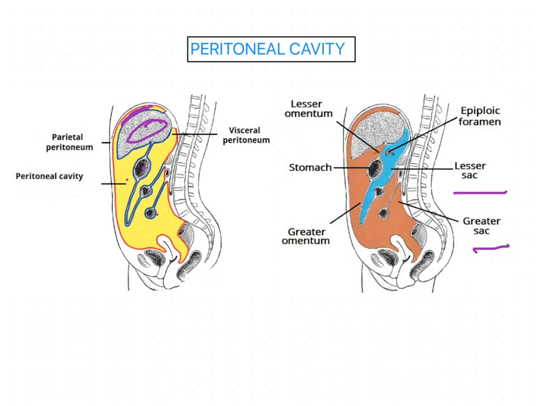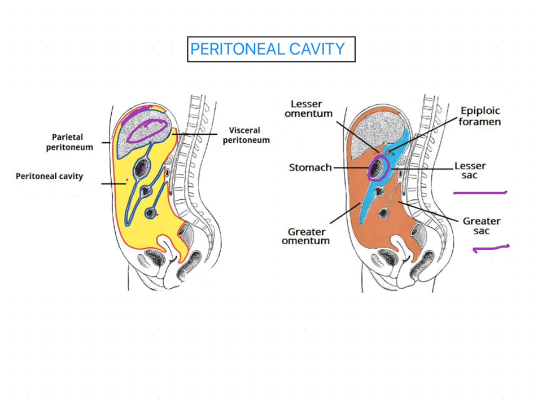The main larger part is known as the greater sac, the entire brownish part. These two are sagittal sections only. The main larger part is known as the greater sac, and the smaller part, so this is actually the stomach.